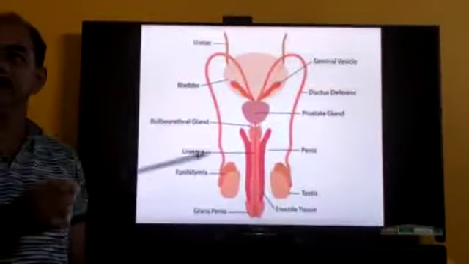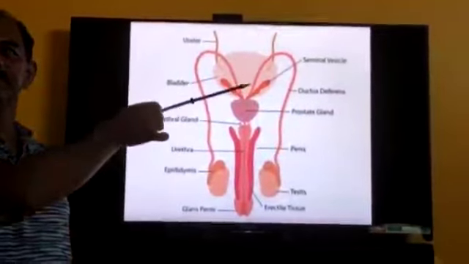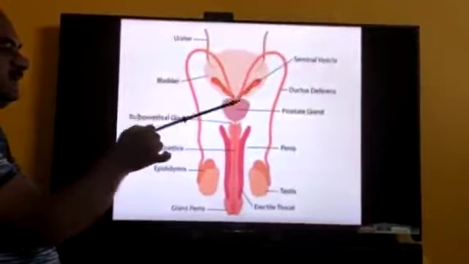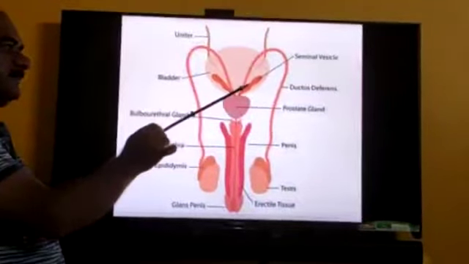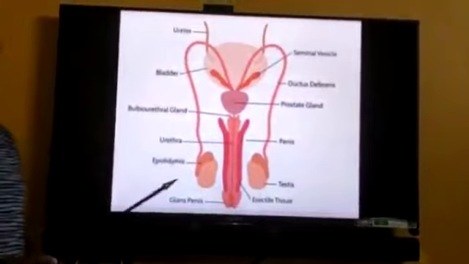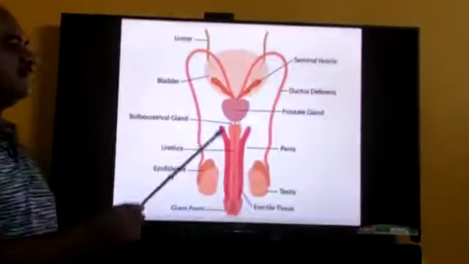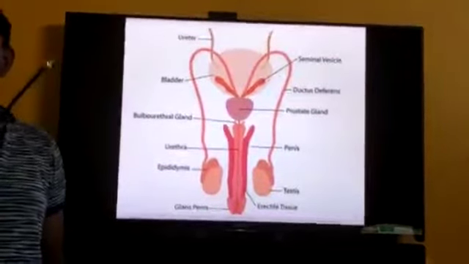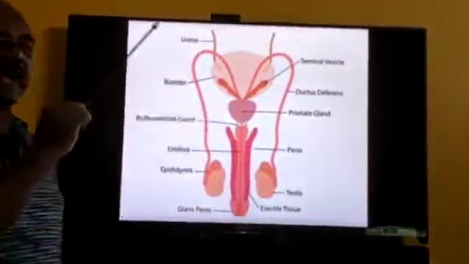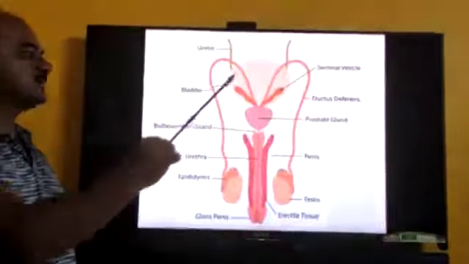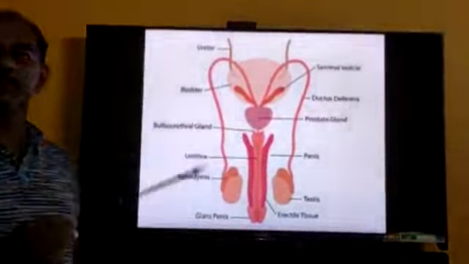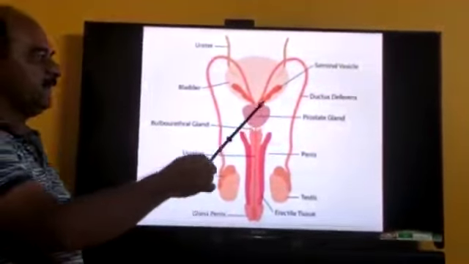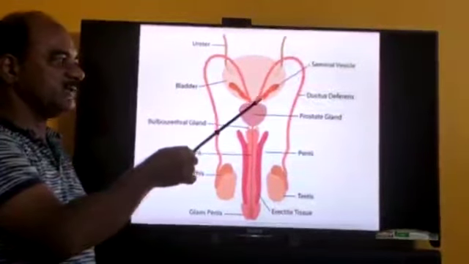The seminal vesicle produces seminal fluid, and this seminal fluid consists of fibrinogen, prostaglandin, and fructose. Those three components are present in the seminal fluid.